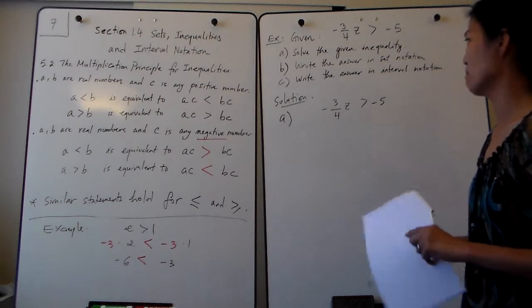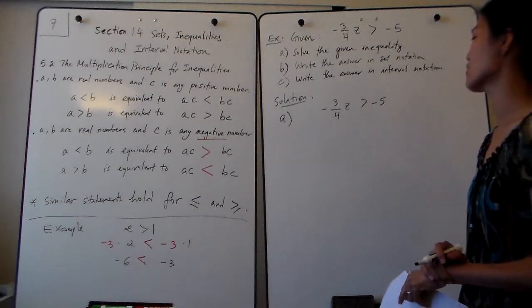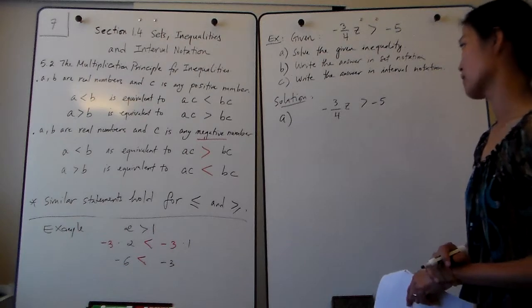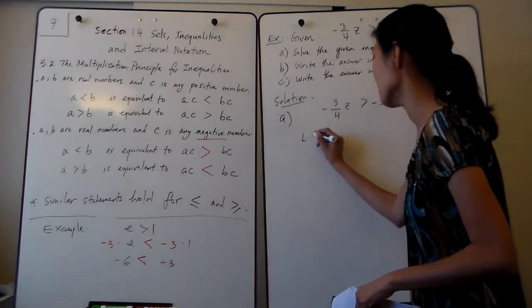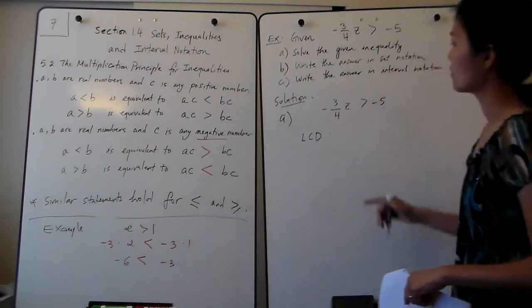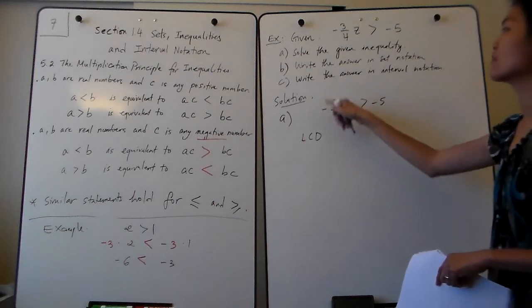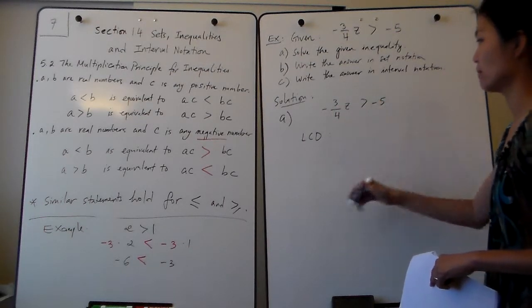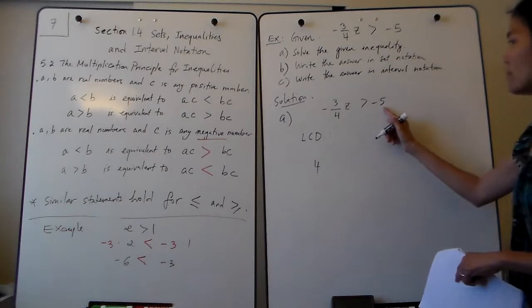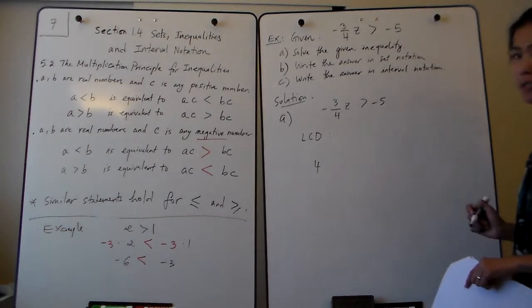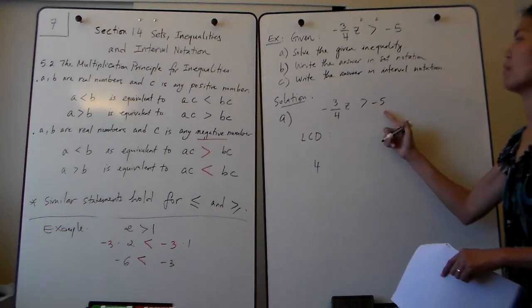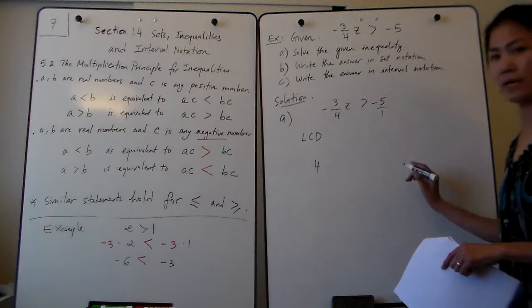Again, there are many ways you can use to solve this inequality. First, I'll find the LCD. The denominator of this coefficient is 4, right? What is the denominator here? 1, right?